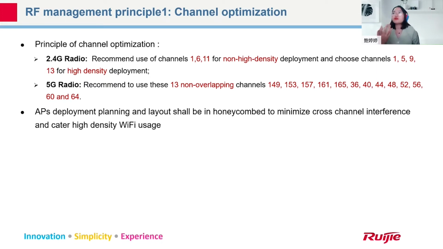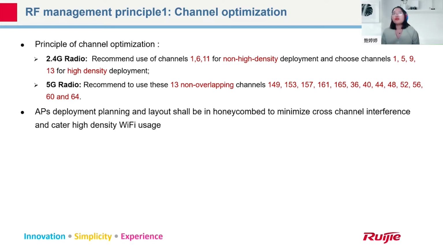If your AP only supports 2.4 gigabit, and in some 5G, yes, with 20 MHz, yes. And in some high density scenario like the studio, if you deploy the 2.4 gigabit, you can use 1, 5, 9, and 13 at the same time.